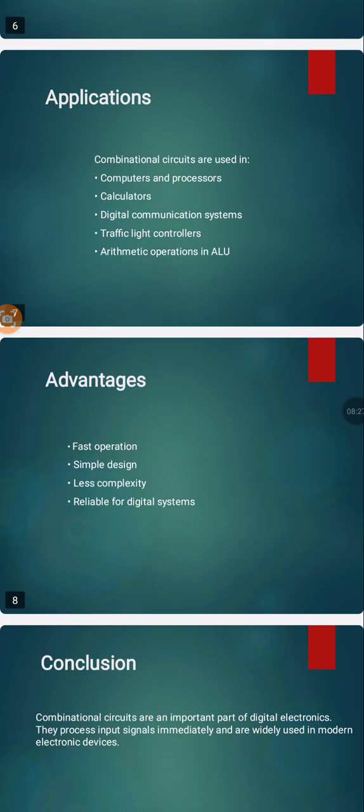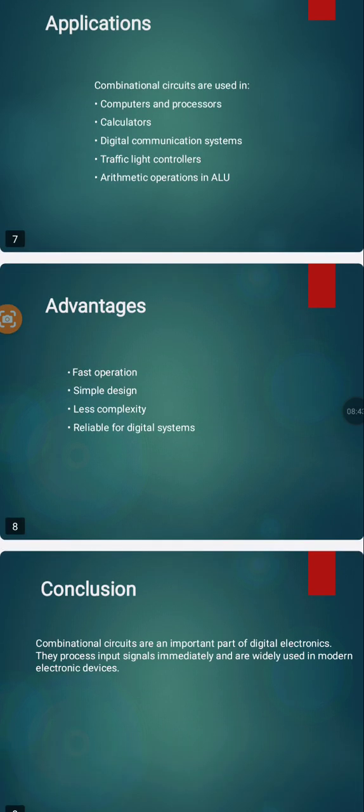Then we see the advantages of combinational circuits. They have a simple design, so they are easy to design, with fast operation, less complexity and high reliability. Because of these benefits, they are widely used in digital electronic devices.